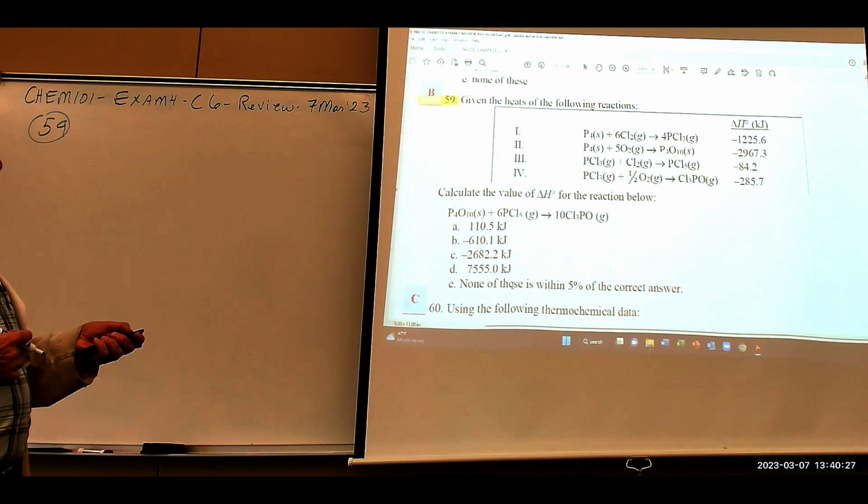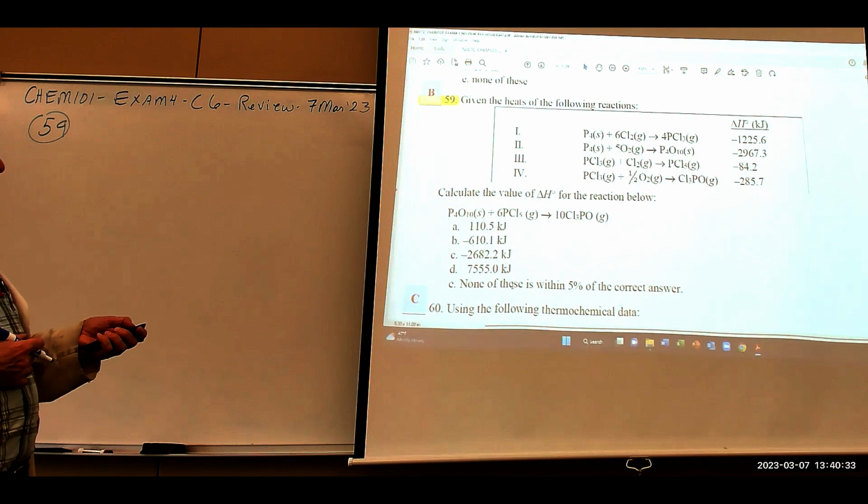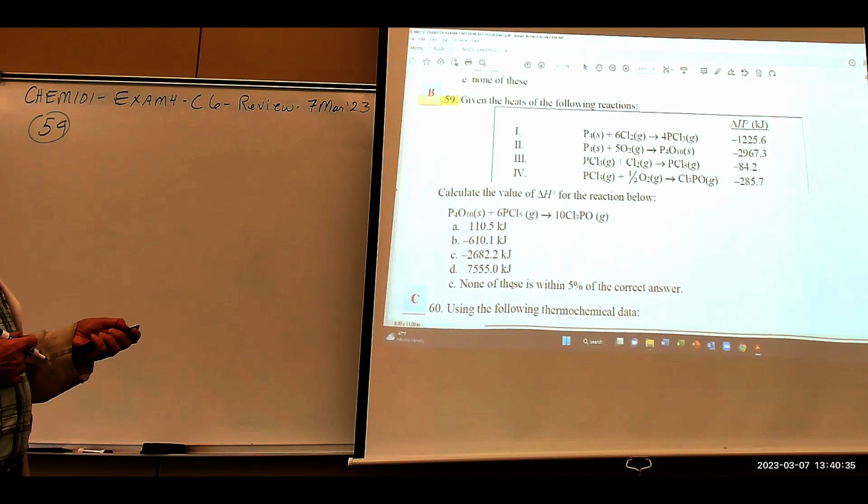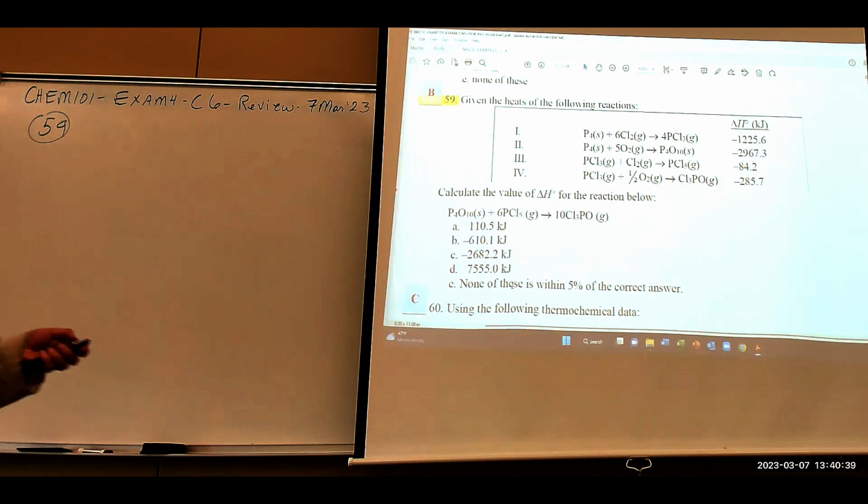These possibly could be heats of formation because these are elements. No, that one can't be, because that's a compound. So the only way we're going to get to this answer is with Hess's law. We've got to rearrange those equations to make this one, and then do the appropriate changes to each one of these before we can add them together and get the final answer.